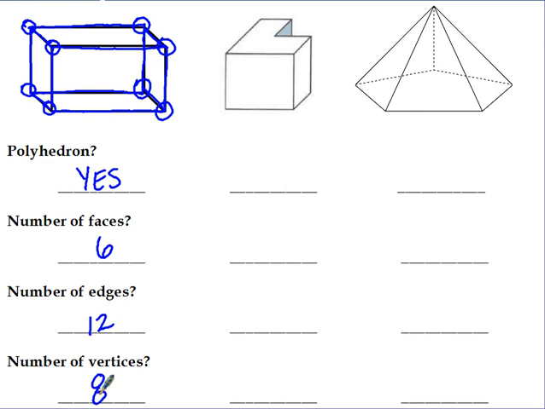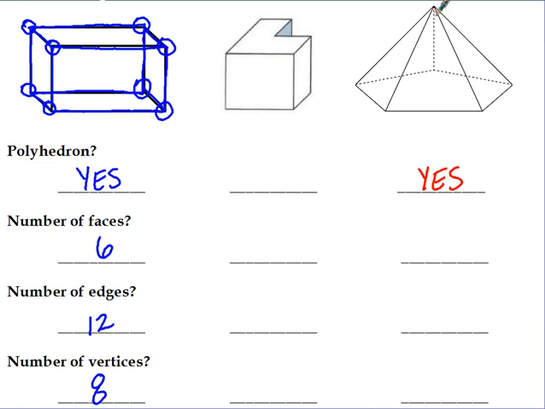I'm going to skip over to this pyramid for a moment. Again, is it a polyhedron? Yes, it is, because there are no curves. Everything is nice and straight. Now faces. I have this bottom pentagon, so it has 5 sides, so that's 1. And then I have 5 different triangles coming off of those sides up to the point.